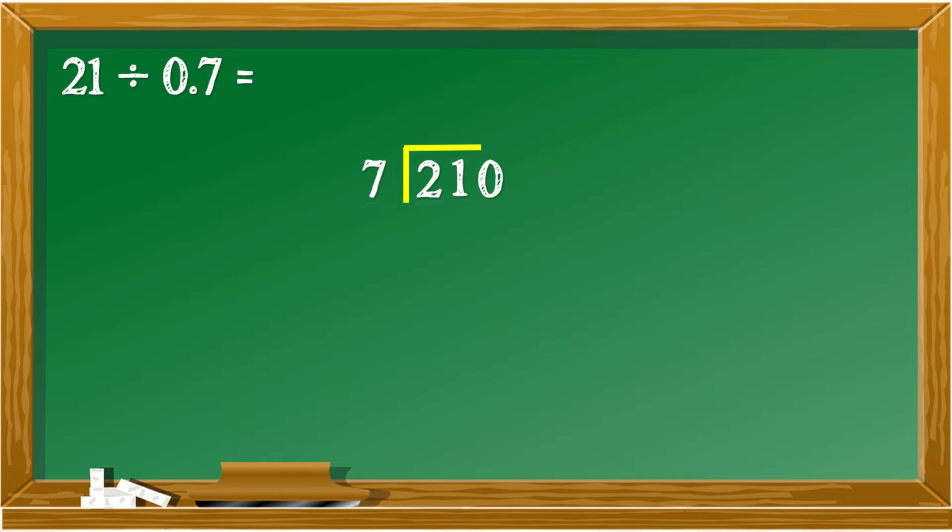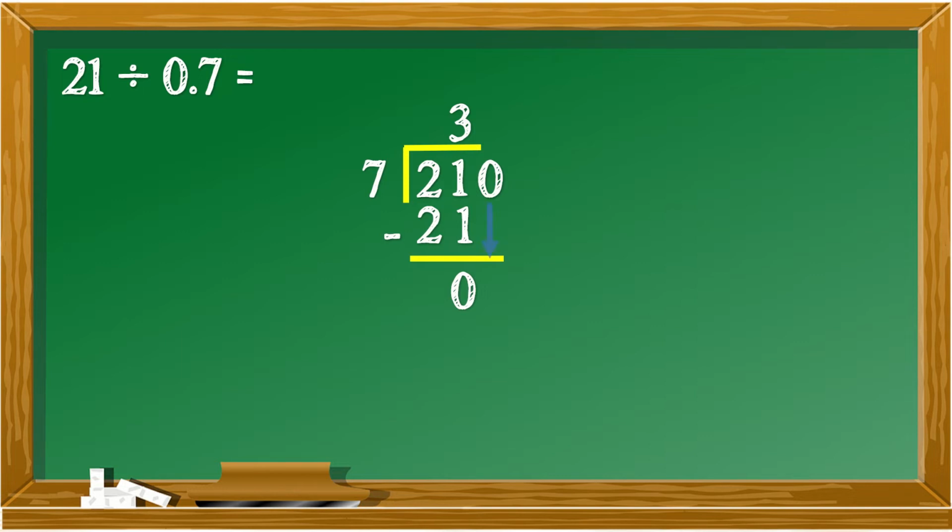So we will have 21 divided by 7. That is 3. And then 3 times 7 equals 21. And then subtract: 21 minus 21 is 0.